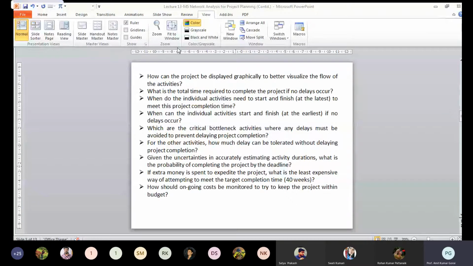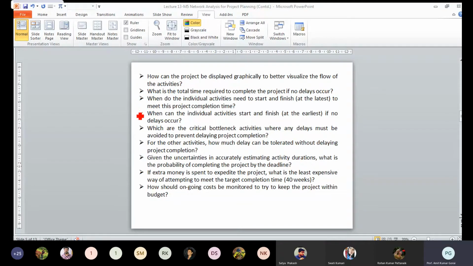Second, what is the total time required to complete the project if no delays occur. Third, when do the individual activities need to start and finish at the latest to meet the project completion time. Fourth, when can the individual activities start and finish if no delays occur.